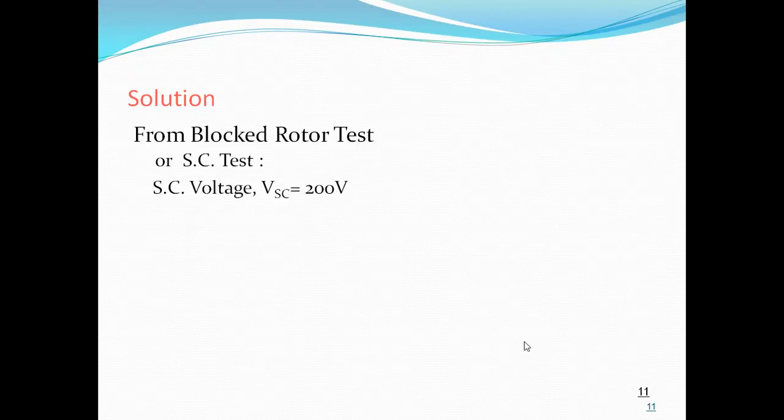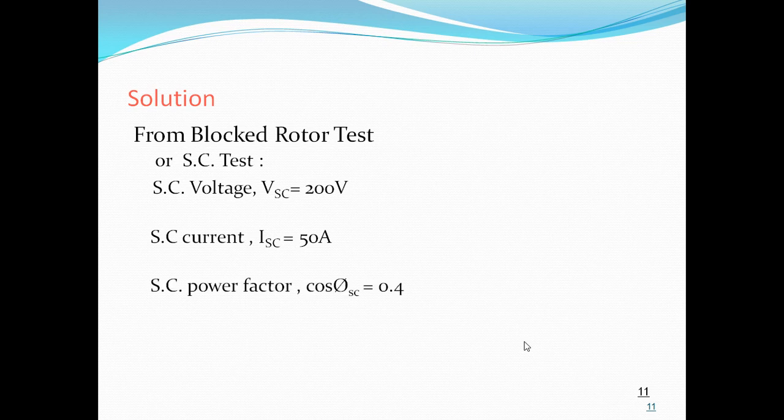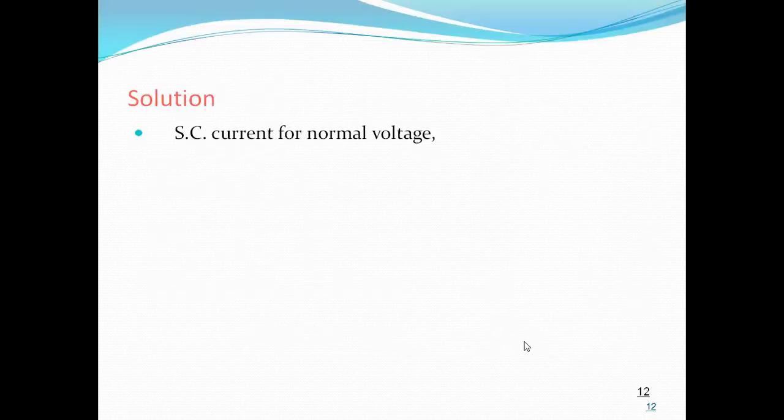From blocked rotor test, VSC is equal to 200 volts, and ISC is equal to 50 amps, and power factor cos phi s is equal to 0.4. So phi s is equal to cos inverse of 0.4, that is 66.4 degrees.